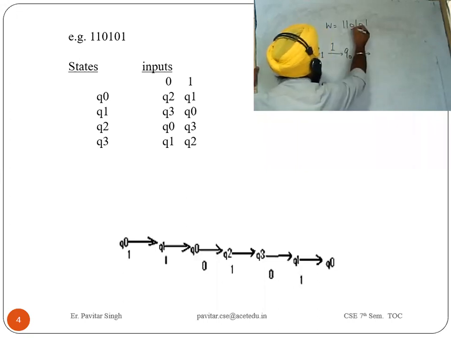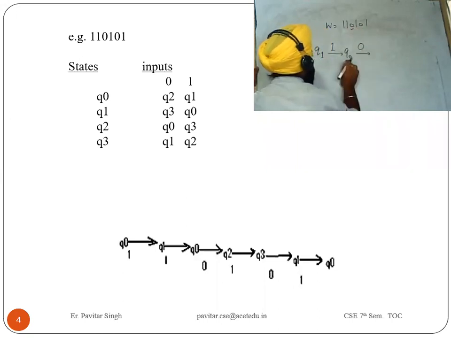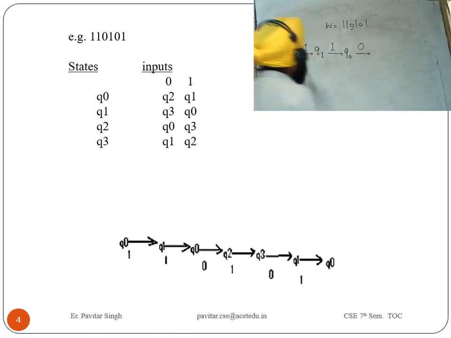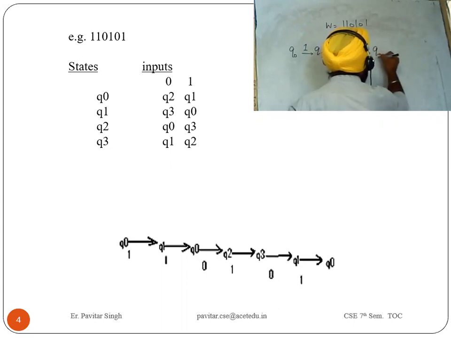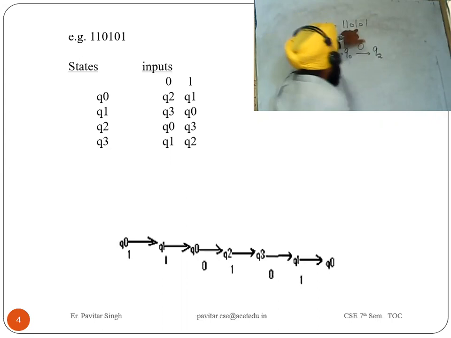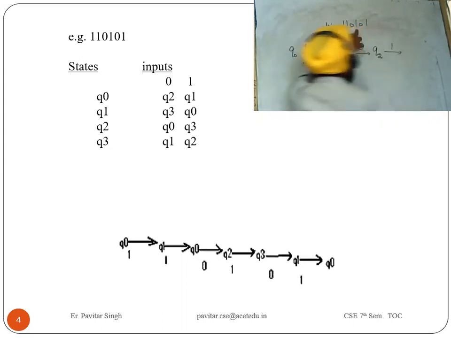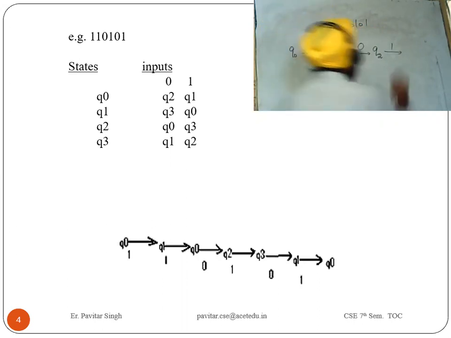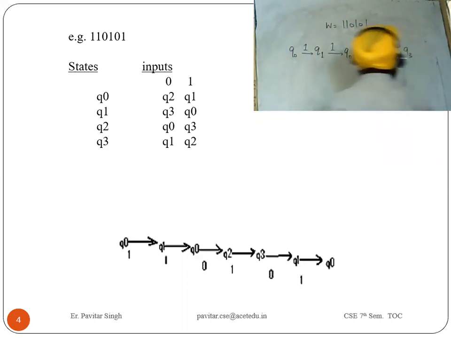Next input is 0. Q naught upon the processing of 0 is going to Q2. Next input is 1. Q2 upon the processing of 1 is going to Q3.